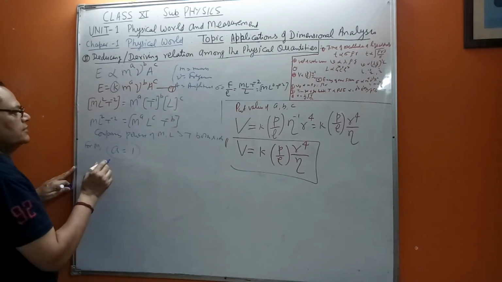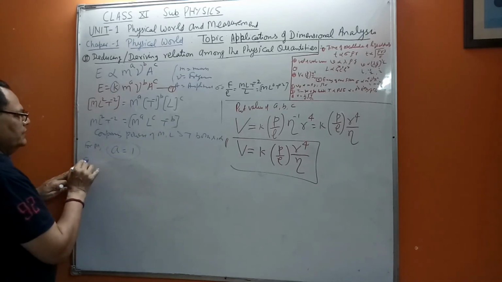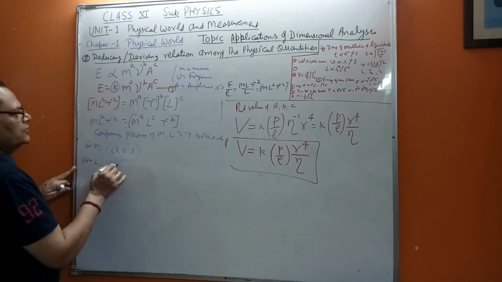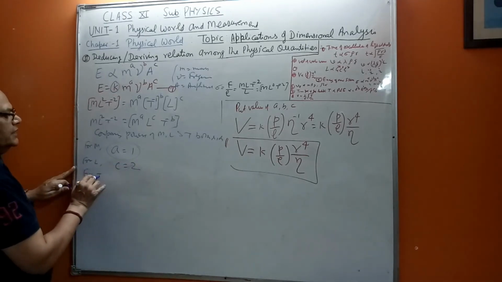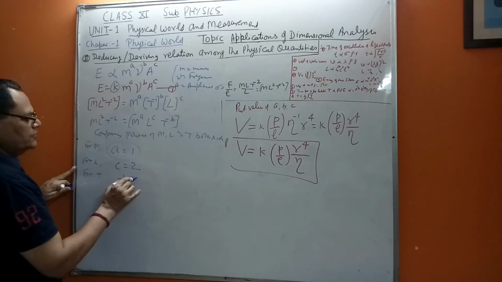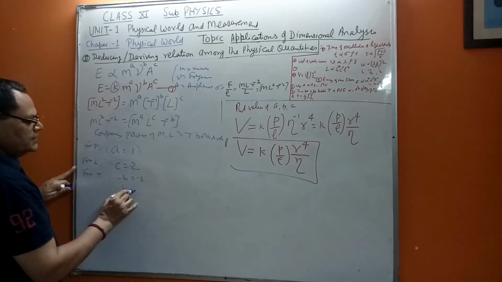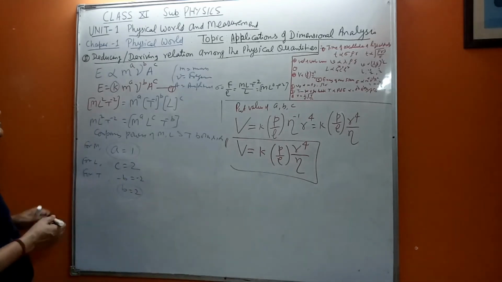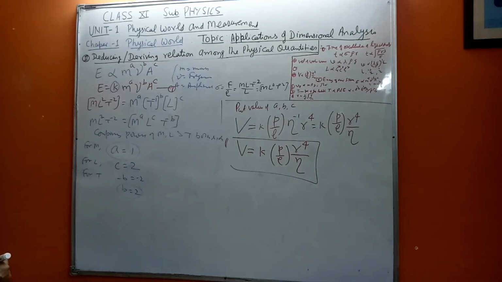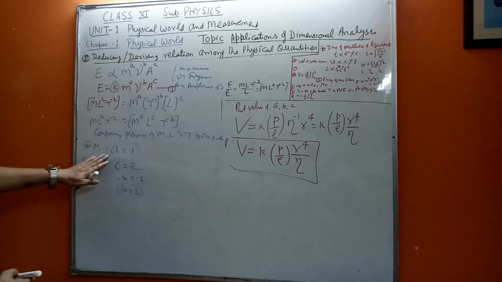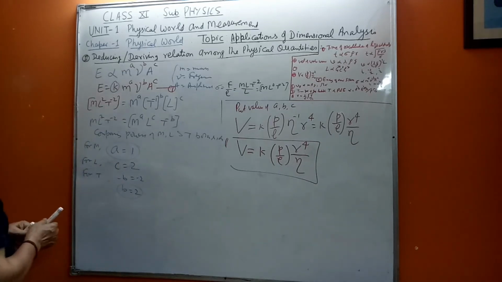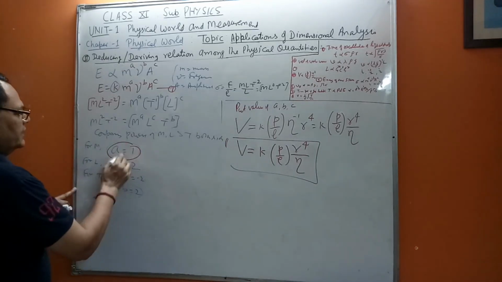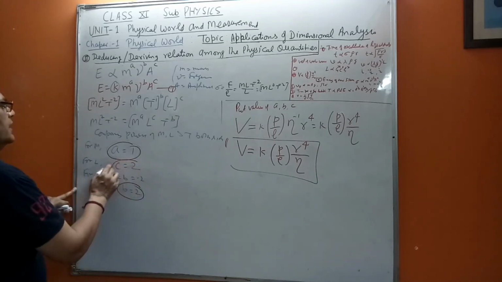For length L, you will see c is equal to 2, and for time you get minus b is equal to minus 2, so b is equal to 2. Clear? So this way we find the values of a, b and c. So all three terms we got.